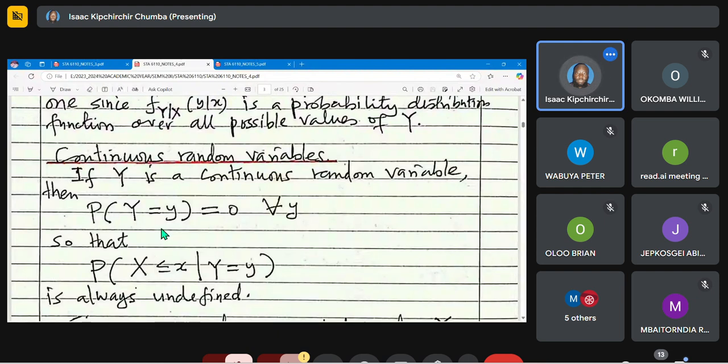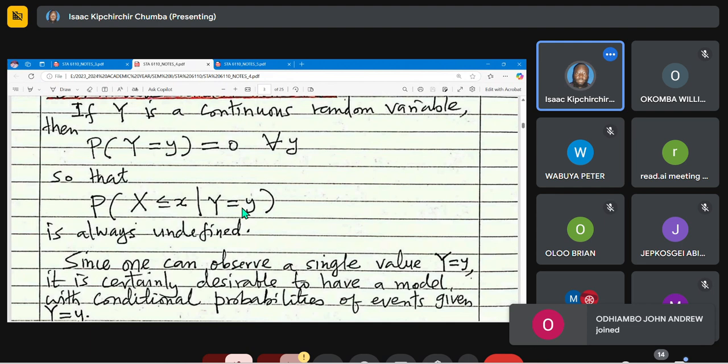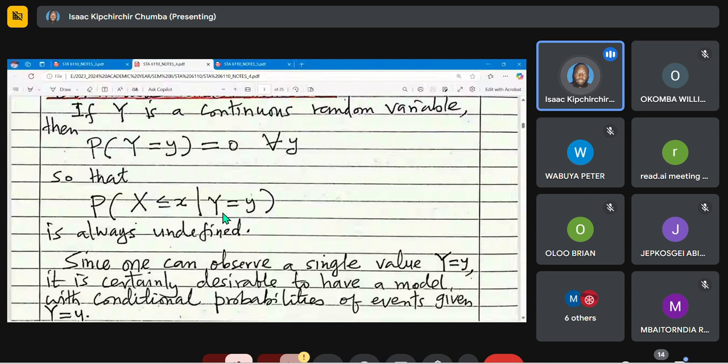So if we were to evaluate the probability that the random variable x is less than or equal to x, given that y equals y, it is always undefined. It will not be a probability, because the denominator, probability y equals y, will be 0. We shall be dividing by 0, something infinite.